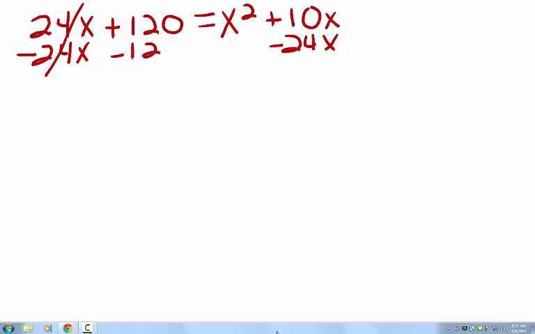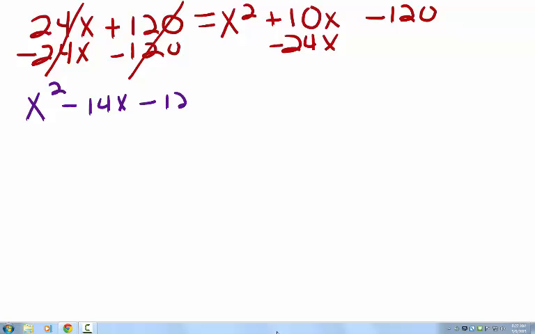We will subtract 120 from both sides. And so now we're left with the equation X squared minus 14X minus 120 equals 0.